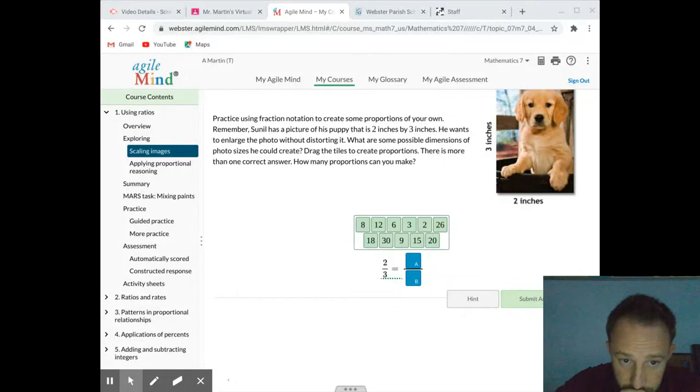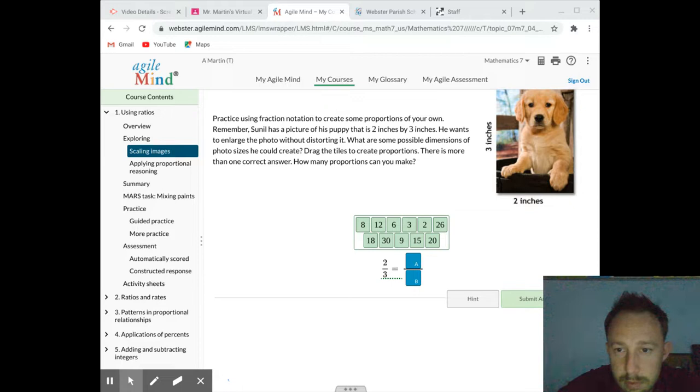Practice using fraction notation to create some proportions of your own. Remember, Samuel has a picture of his puppy that is 2 inches by 3 inches. He wants to enlarge the photo without distorting it.